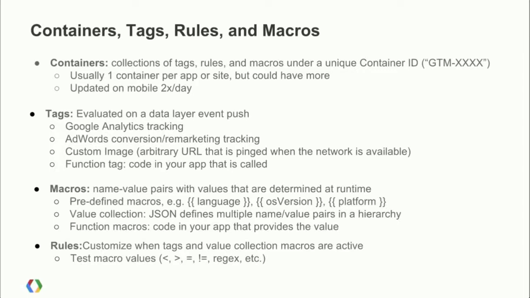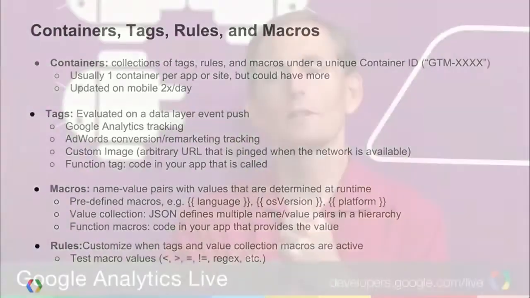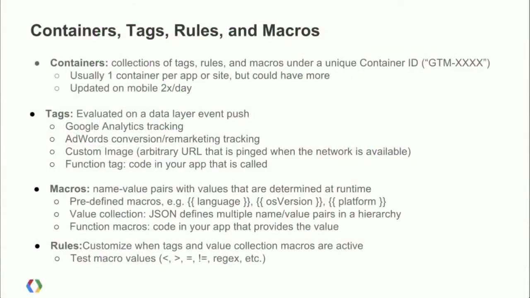Well, this means you can take your mobile application and get rid of all the explicit Google Analytics calls. Instead, you push events to the data layer. And then in the UI, you set up, when this event happens, I want this GA call to happen. That's a tag.